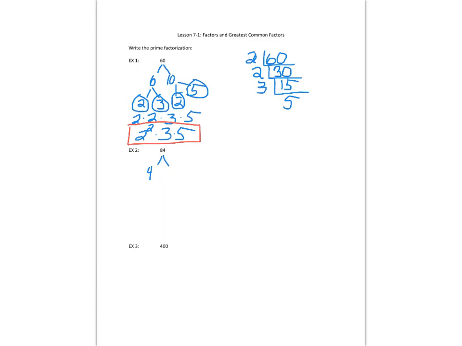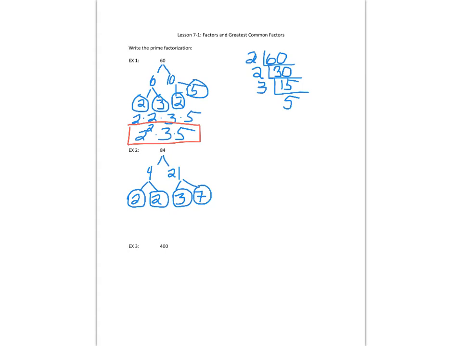If you can't divide 4 into 84 in your head, then by all means use that calculator. So 4 goes into 8 twice evenly, and then 4 goes into 4 once. Neither one of those is prime, so keep going. 4 becomes 2 and 2, so circle those because 2's are prime. And then 21 becomes 3 times 7, and circle those because those are prime.